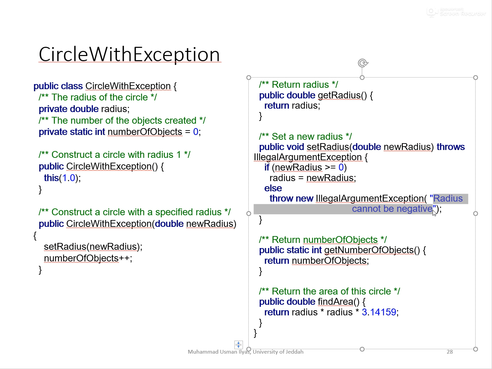So you can usually put in a helpful message that will help you debug or figure out where the problem happened, what problem happened. You can usually pass that to exception objects. Okay.